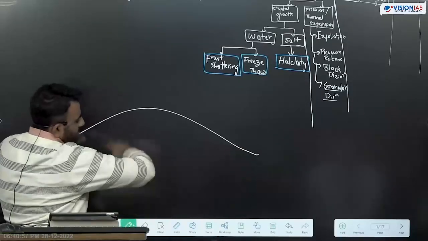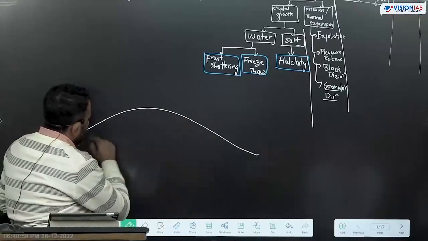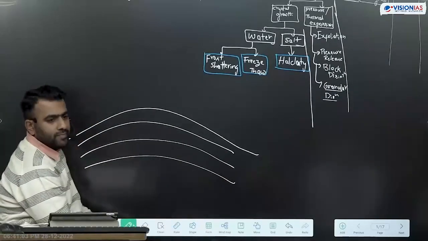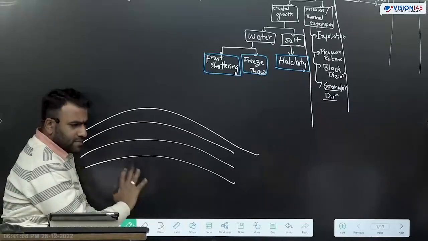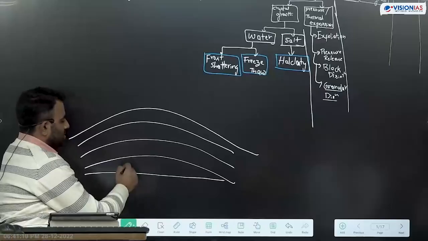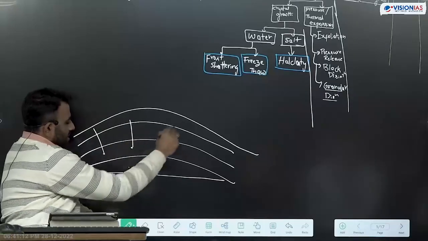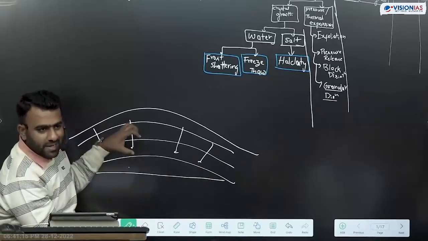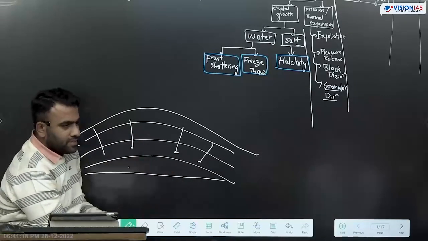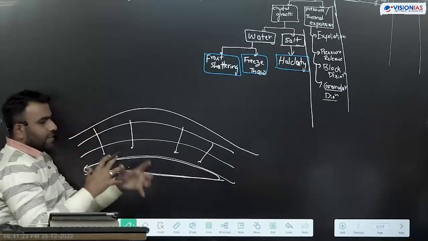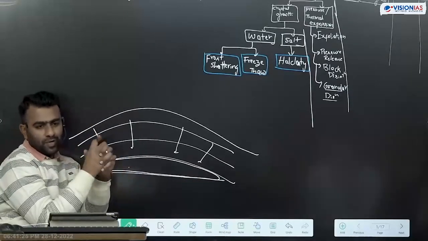Let's say there is a very big surface which is made up of multiple layers of rocks. जो सबसे नीचे वाला पोर्शन है, it is bearing the weight of the upper layers. The upper layers are continuously exerting pressure on the lower layers, because of which the lower layer has got totally contracted. पूरा दबा हुआ है, पूरा contract हो गया.